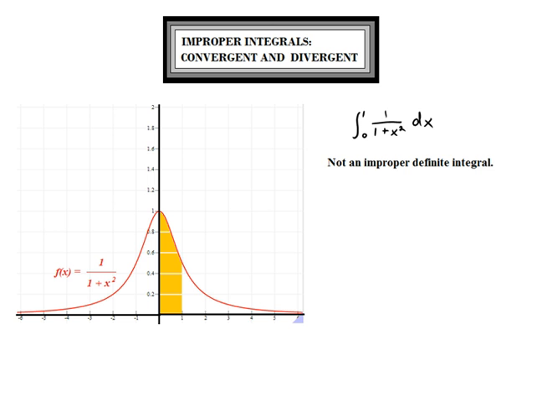This is not an improper definite integral, and we will not require any sort of limit to think about this area. To evaluate this definite integral, we need to take the antiderivative of 1 over 1 plus x squared.